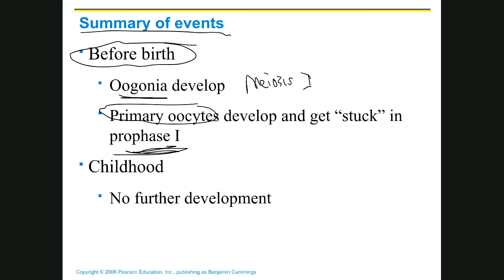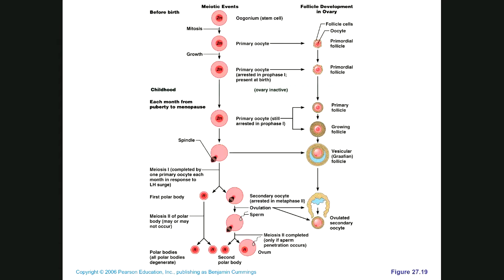And so the female is born with about 500,000 of these primordial follicles, and inside every one of these primordial follicles is a primary oocyte. And then all through childhood, nothing else happens. So we have this whole period where the ovary is not doing anything, it's inactive.